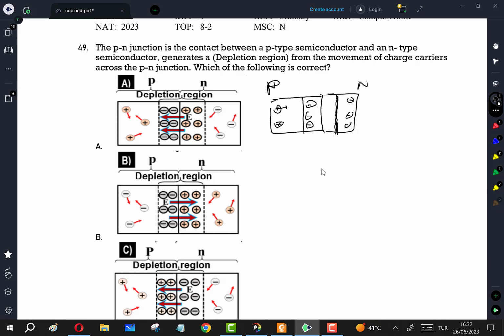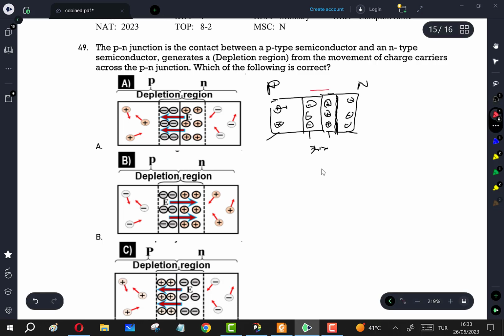Mobile electrons on the n side move across the junction and meet with holes. That's why the depletion region's n side becomes positively charged. These are mobile, these are fixed. That's why the electric field forms from positive to negative this way.